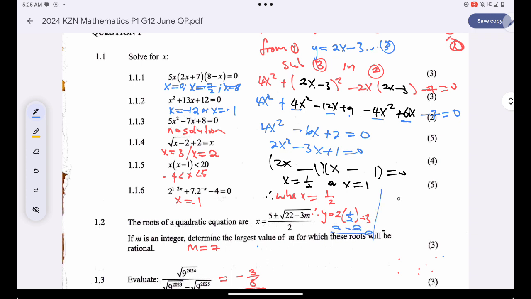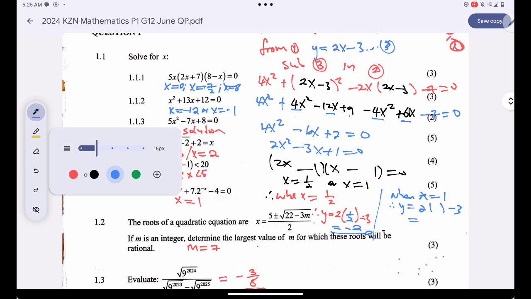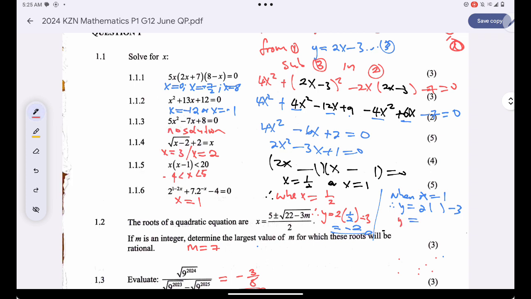And then secondly, when x is equal to 1, therefore my y value is just 2x minus 3, then y will be equal to, I'll just substitute 1 there. 2 minus 3 will give me -1.